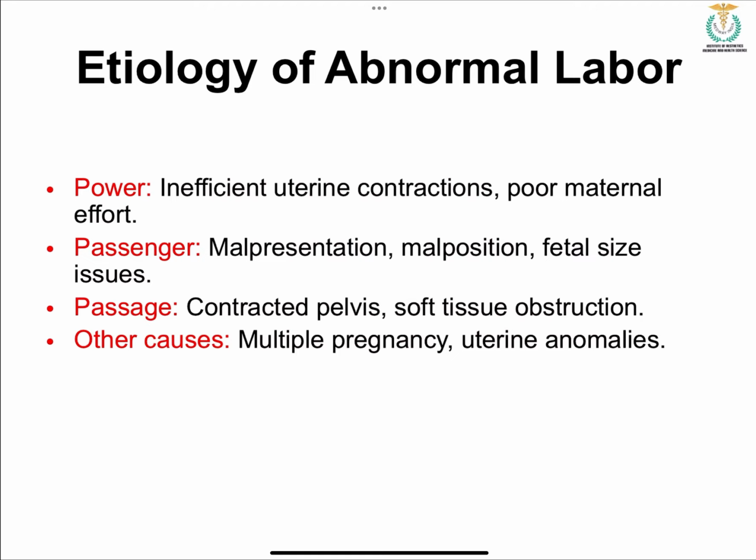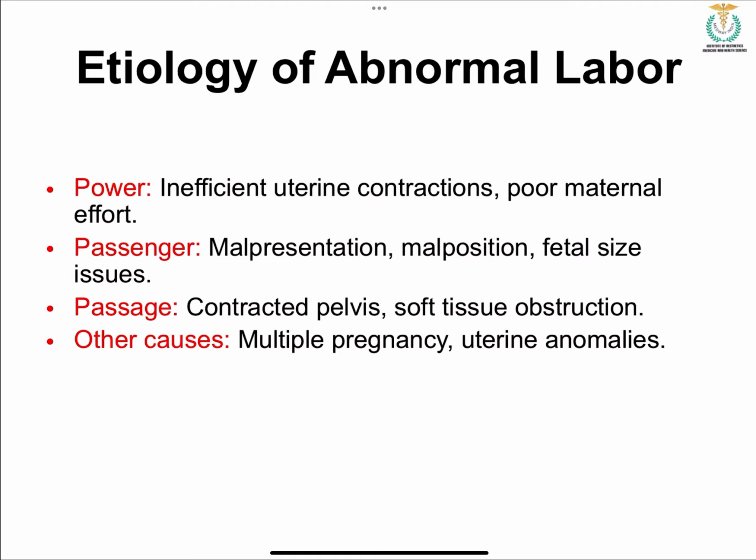Second is the passenger. Check for fetal size and presentation, that is macrosomia, malpresentation, for example breech presentation or face presentation, malposition such as persistent occiput posterior, or any fetal anomalies that can slow descent. So that is one of the etiologies of abnormal labor, the passenger.